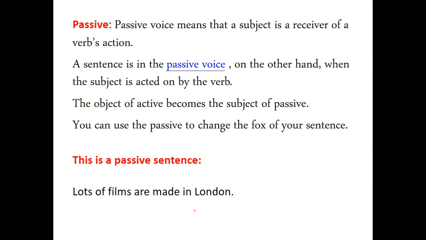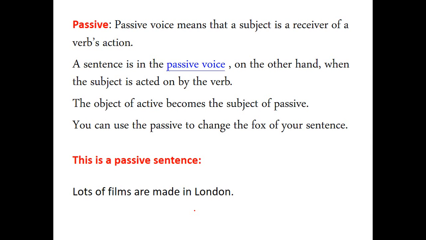Now passive voice means that a subject is a receiver of a verb's action. A sentence is in the passive voice on the other hand when the subject is acted on by what? By the verb.